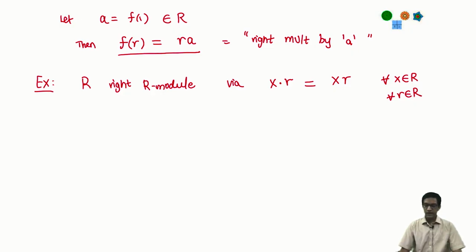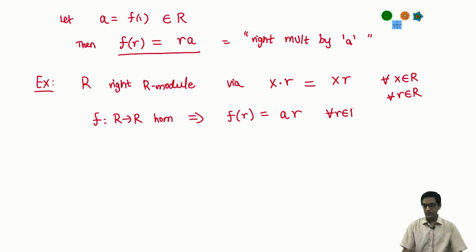This makes R into a right R module. The addition is just still the usual addition. Then what do homomorphisms look like? Then f from R to R, homomorphisms are exactly of the following kind. f of r is a times r for some fixed element a in the ring R. So this is the left multiplication by a map.